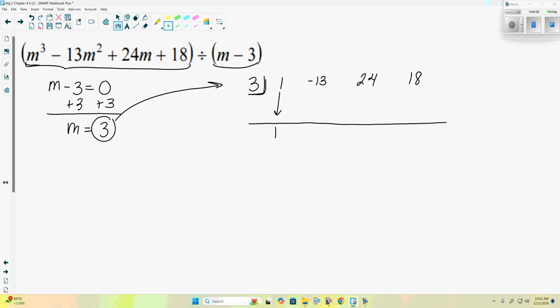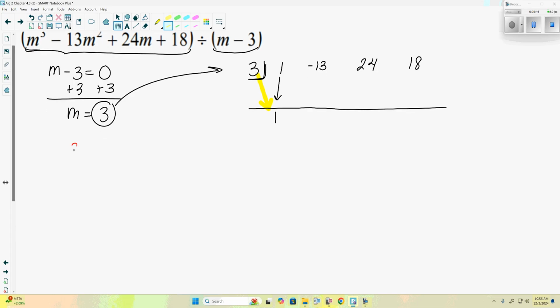First main step in this here is we're going to take the number inside the cubby and multiply it by the number below the line. So what we're going to do is 3 times 1, which is 3. And we're going to take that number and put it below the second number here.